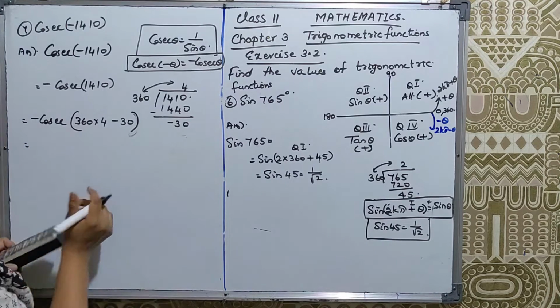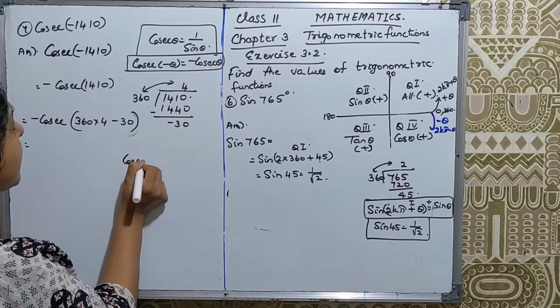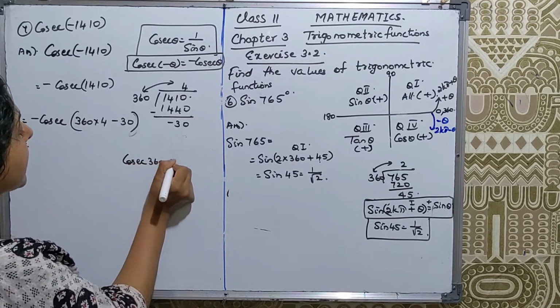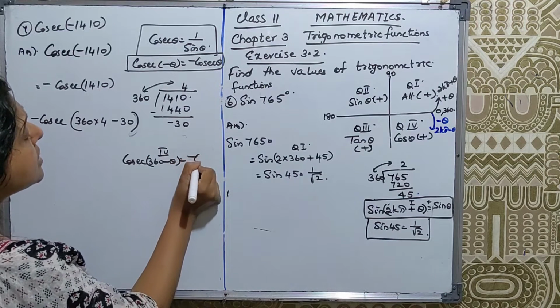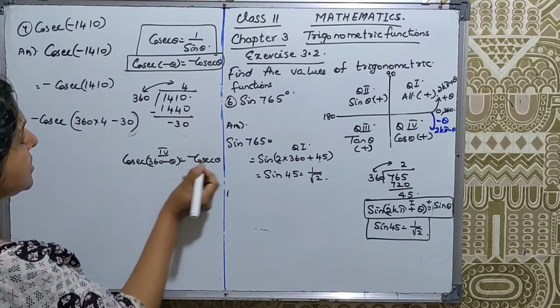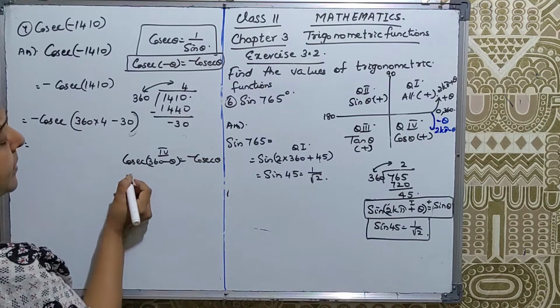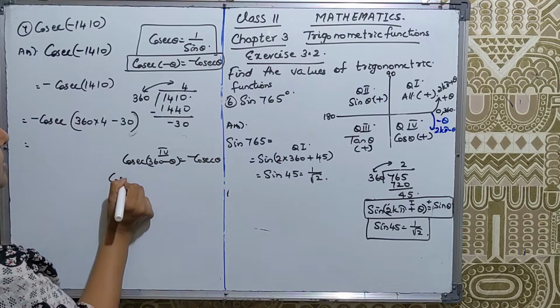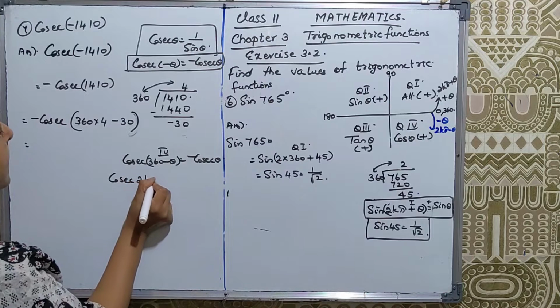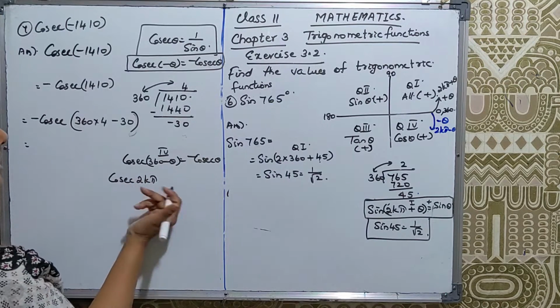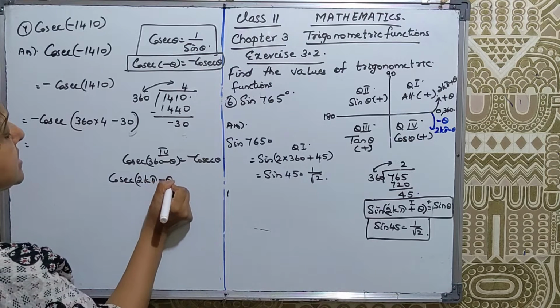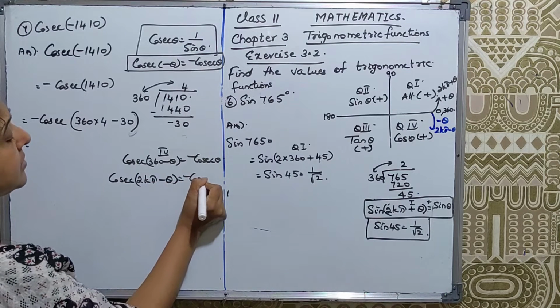So cosec 360 minus theta will be minus cosec theta. In the fourth quadrant it will be minus cosec theta. So not only 360, all the multiples of 360. That means cosec 2k pi minus theta, 2 pi is 360 into k, any multiple of 360, minus theta will be minus cosec theta.